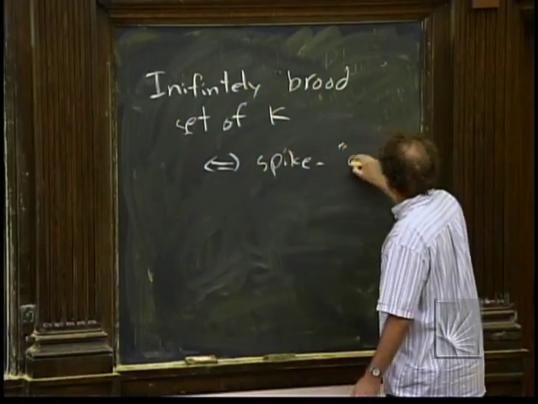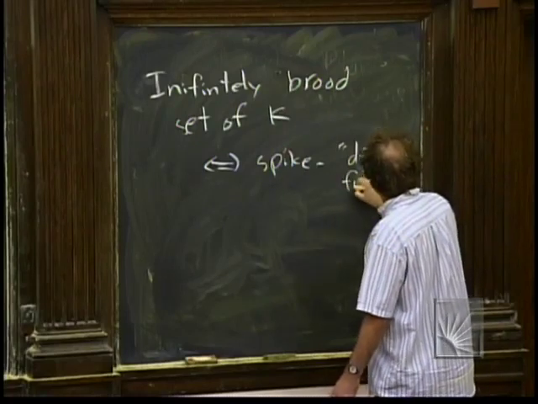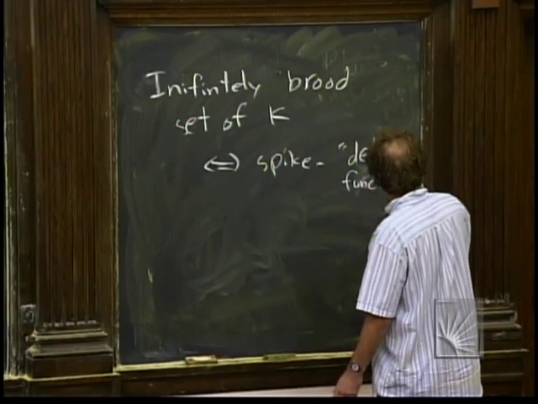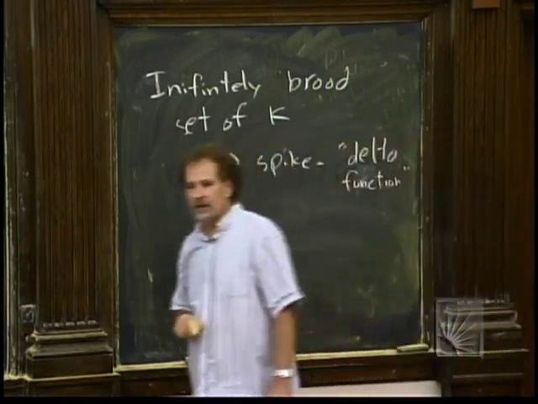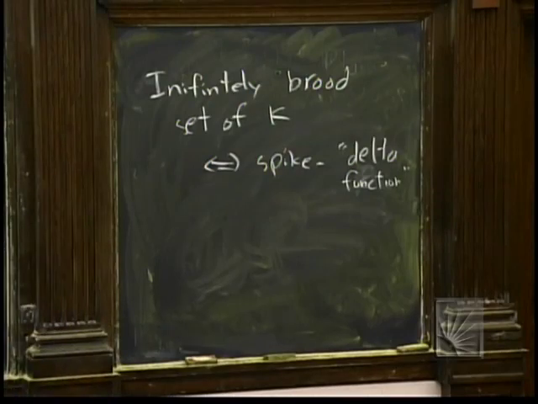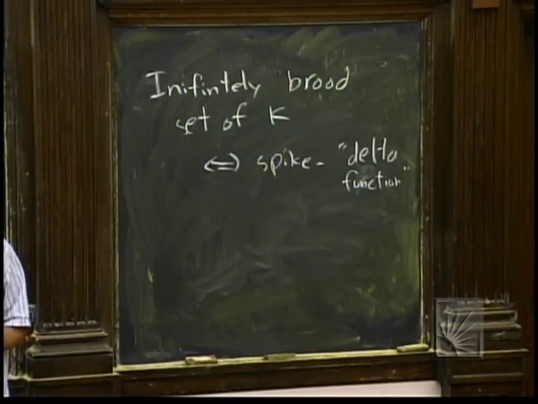This is sometimes called a delta function. It simply means a spike. Strictly speaking, a delta function is a mathematical function invented by the physicist Dirac in the development of quantum mechanics that the mathematicians hated and for a long time didn't know how to deal with, but you can use it and it works, and finally a mathematical foundation for it was found. A delta function is infinitely tall and infinitely narrow, whatever that means, such that the area is 1.